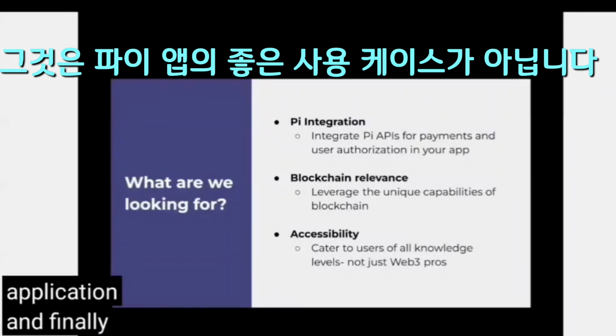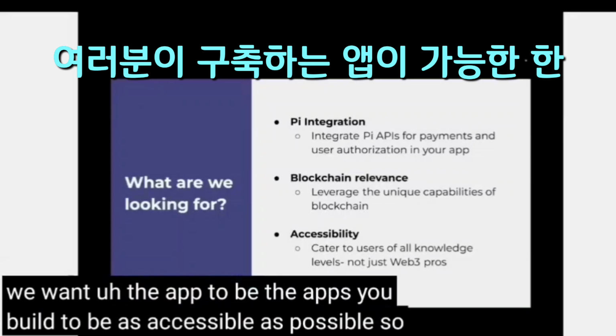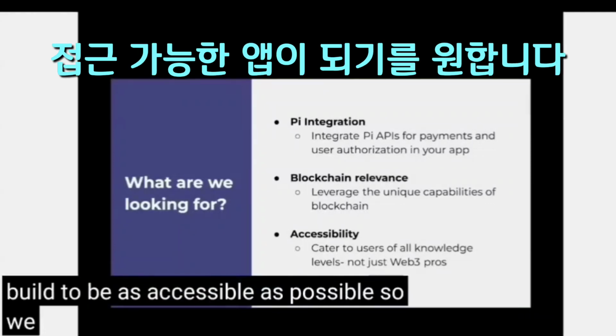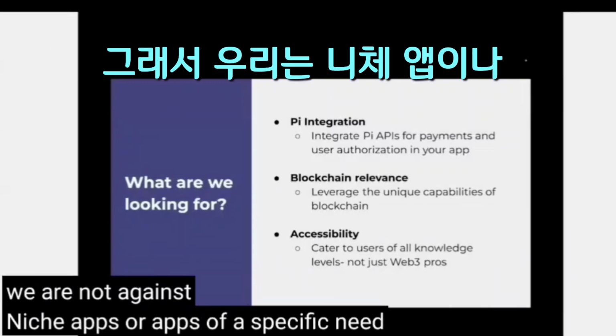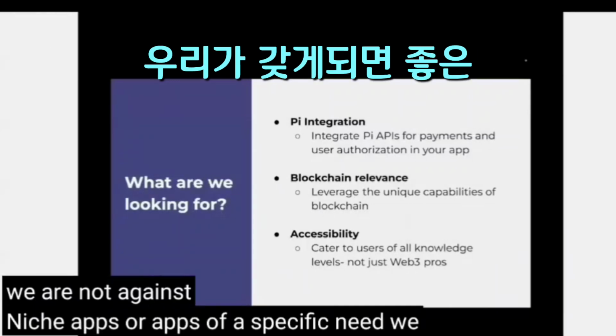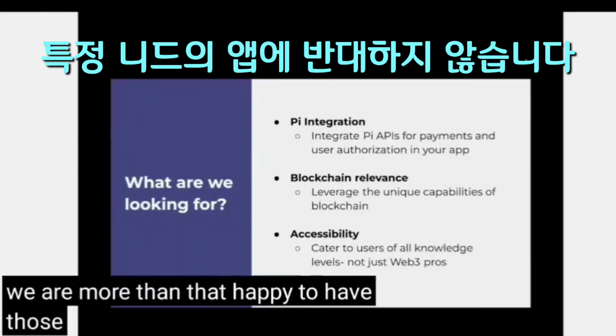And finally, we want the apps you build to be as accessible as possible. So we are not against niche apps or apps of a specific need. We are more than happy to have those.